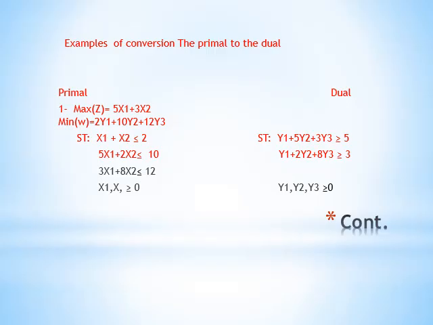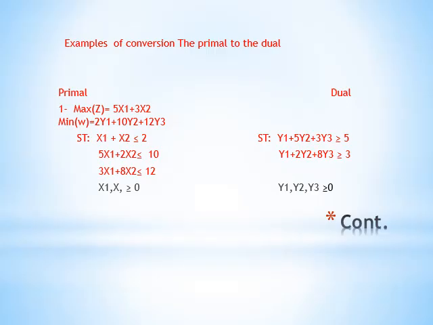What is 3? 3 is the C2 in the objective function of maximization. x1, x2 more or equal 0. Then in the dual we have 3 variables, y1, y2, y3. All of them will be more or equal 0.